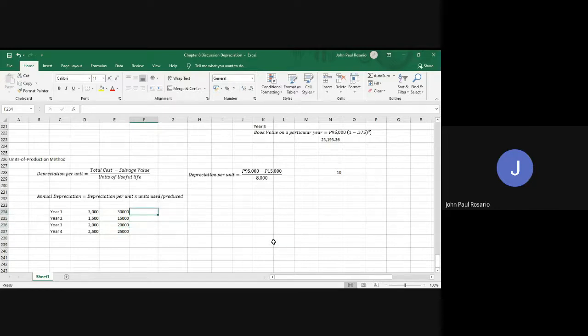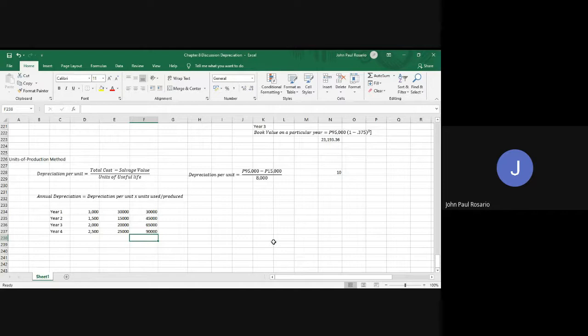Okay, so let's compute our accumulated depreciation here. That plus this one, and then that plus this one. Well, wala pa tanang lapas sa 80,000. However, if we depreciate our computer system by 25,000 on year 4, our accumulated depreciation or total depreciation will exceed our total depreciable value by 10,000.